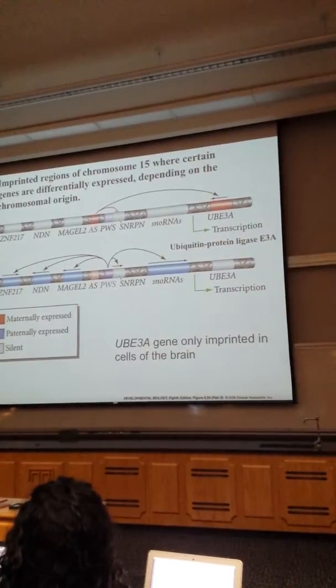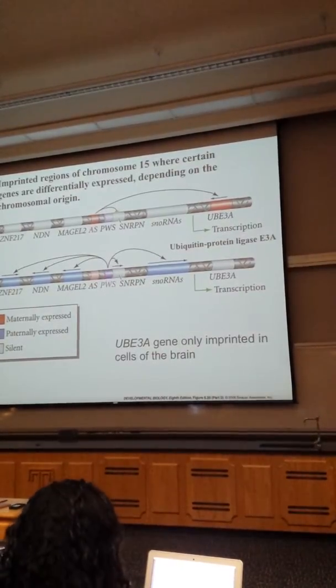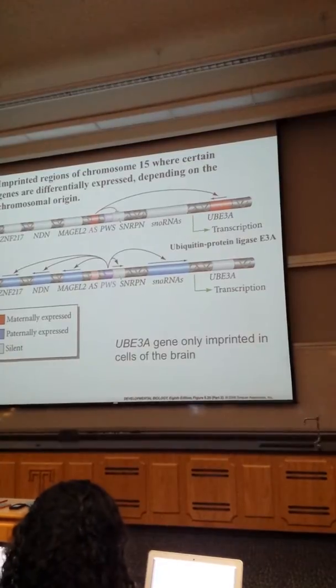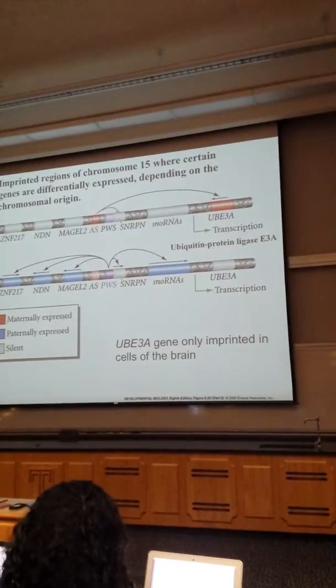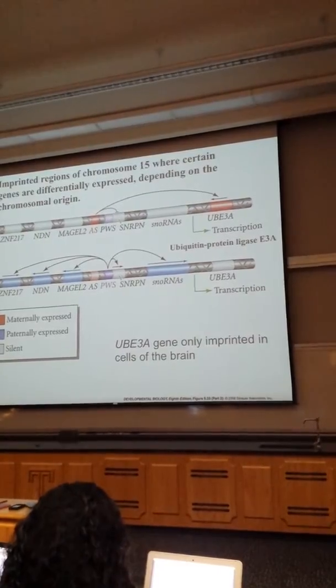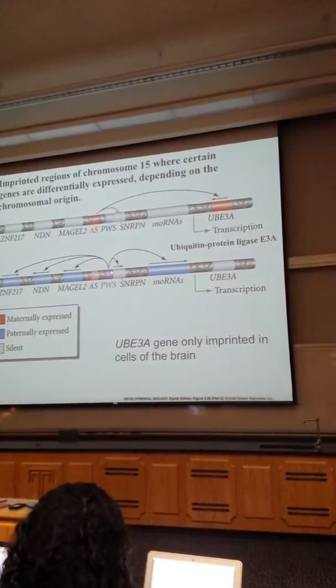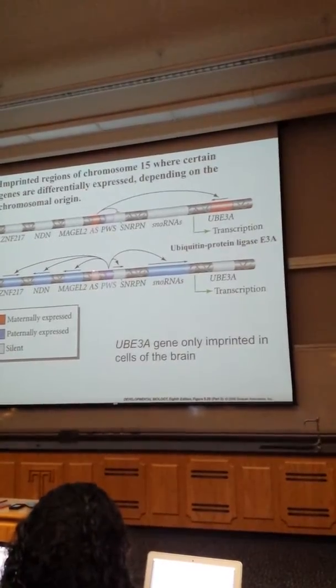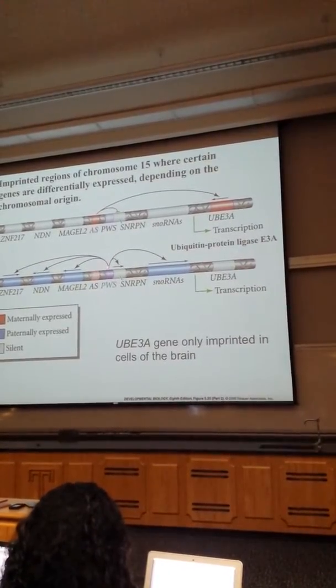When it comes to Prader-Willi syndrome, the less severe of the two imprinting syndromes from chromosome 15, Prader-Willi syndrome is an enhancer region. It's a region that's pretty close to the Angelman syndrome enhancer.